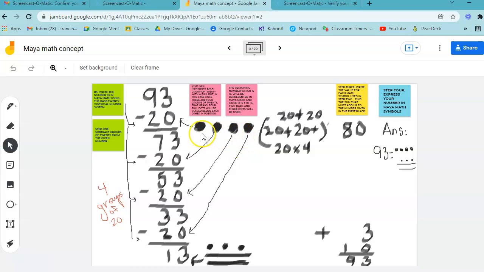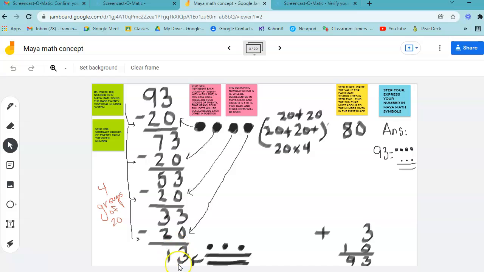Remember, in Maya Math, the position of these symbols is very important. So, since we have 4 groups of 20, the position of these 4 full dots will be in a horizontal manner, side to side. Good. Moving over now to the remainder.